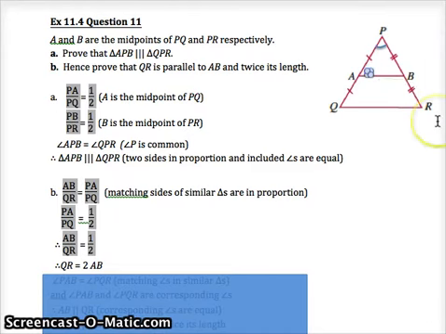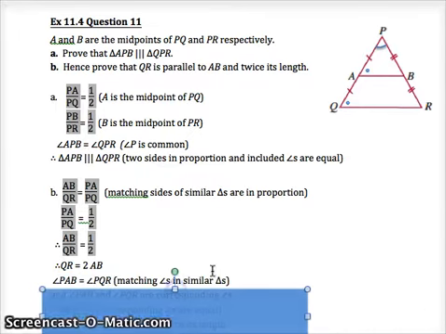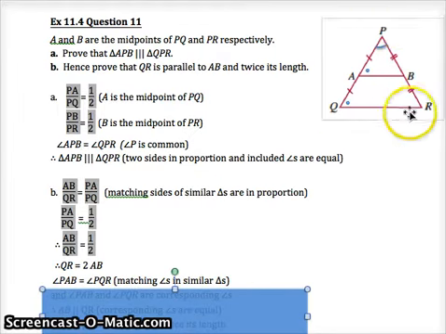Because we know that these triangles are similar, angle PAB is equal to angle PQR because they are matching angles of similar triangles. So angle PAB is equal to angle PQR, reason being that they are matching angles in similar triangles.